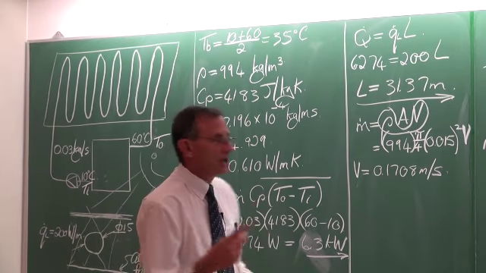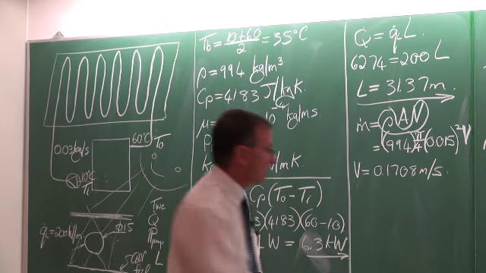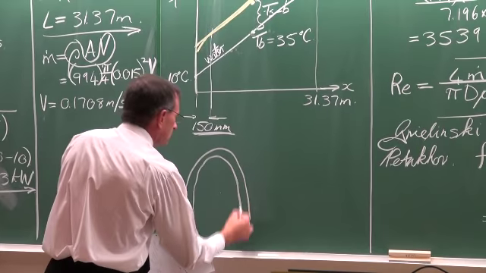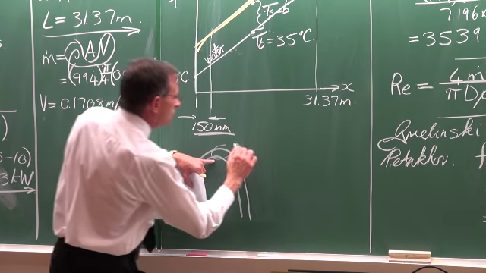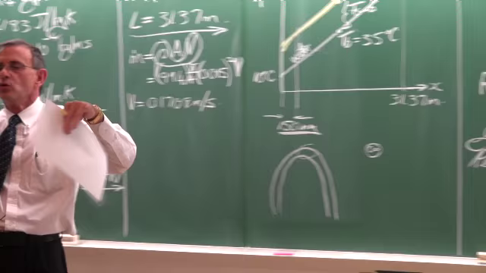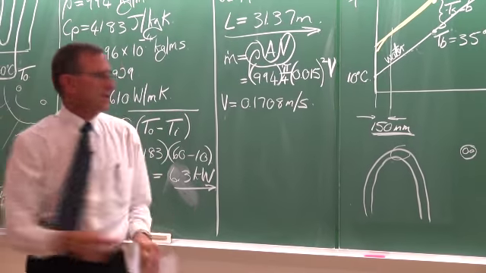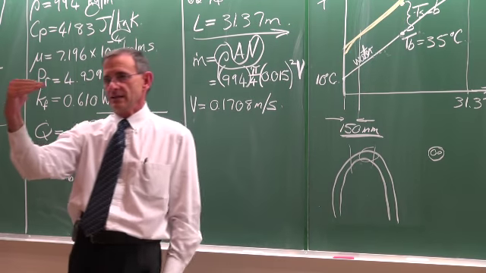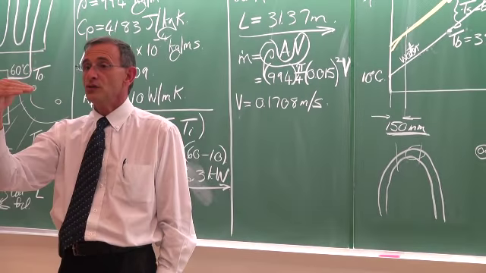Okay. Now in the bends, there are two things that will happen. If we look at this bend like that, what we will have is again secondary flow because of the centrifugal forces. The result of that would be that the heat transfer coefficient is higher there, every time you go through the bend.